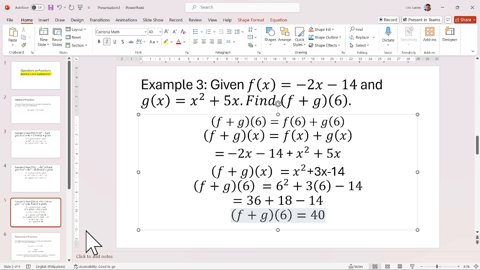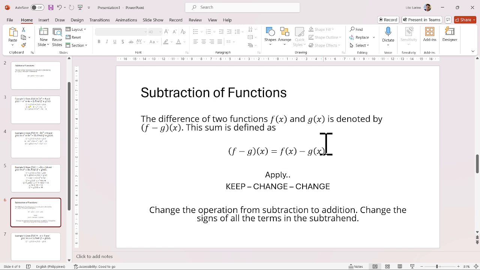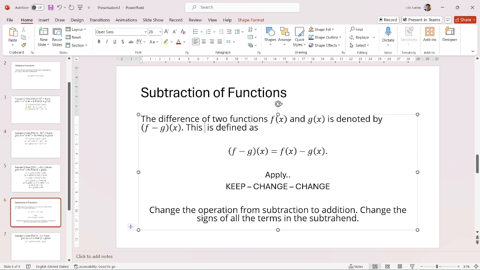Now, let us have subtraction of functions. The difference of two functions f of x and g of x is denoted by f minus g of x. This difference is defined as f minus g of x is equal to f of x minus g of x.